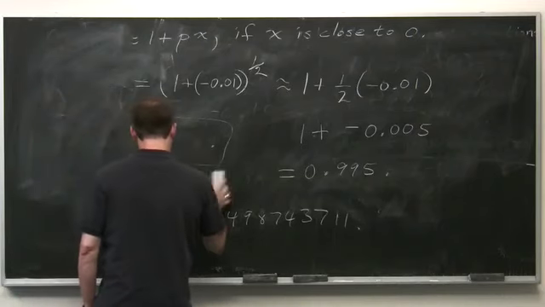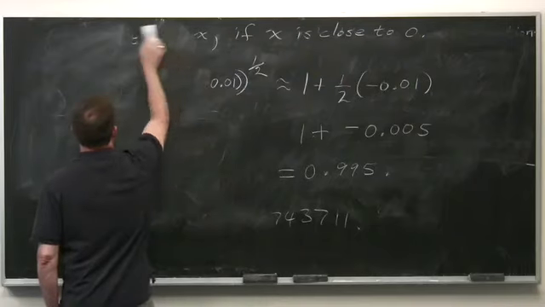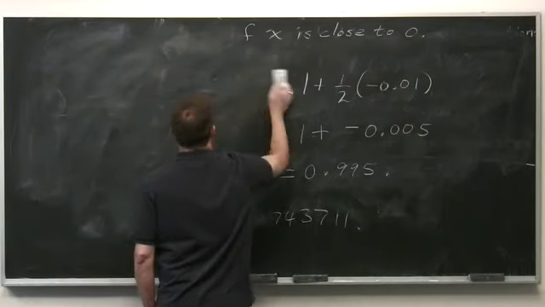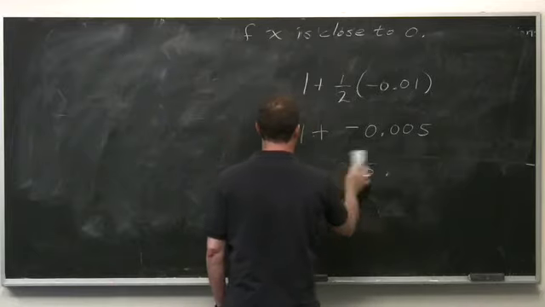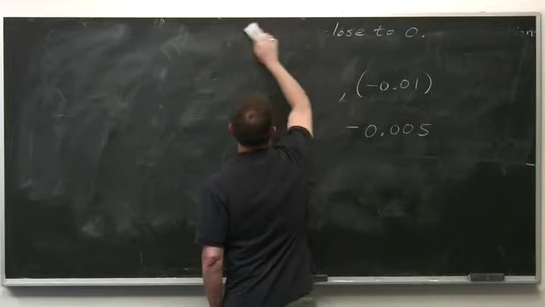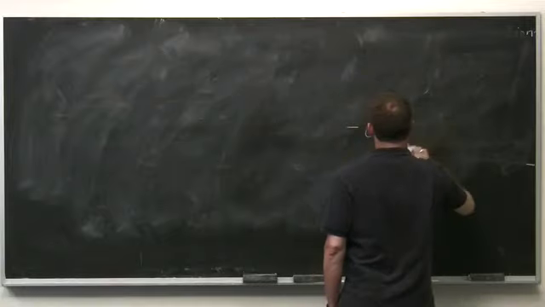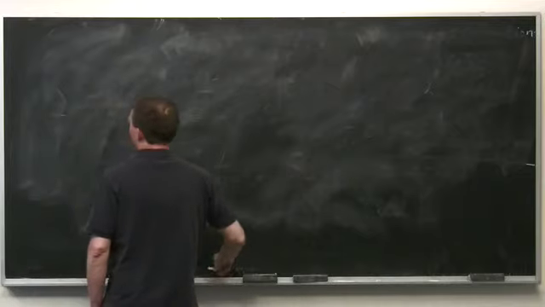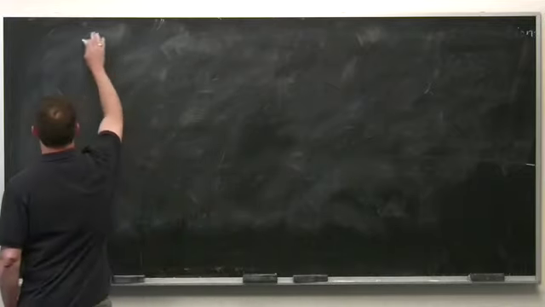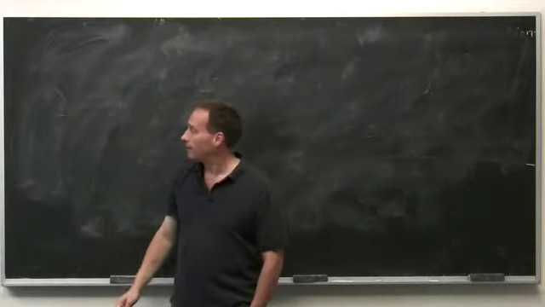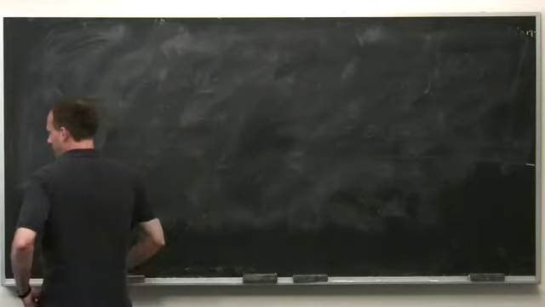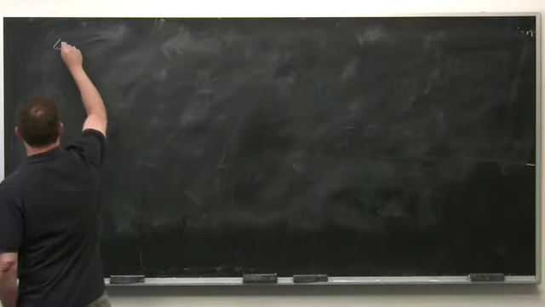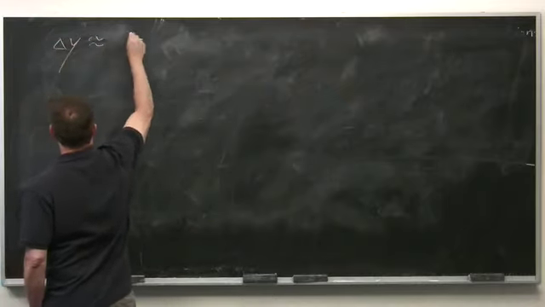So this is linear approximation, but in a form that cares more about the change in x and the change in y instead of the actual value of x and the value of y. But that's the only difference, except how we write it.